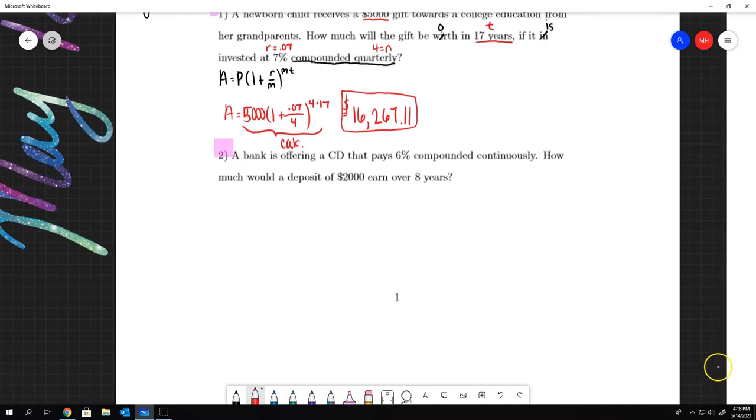Let's try number 2. 2 says a bank is offering a CD that pays 6% compounded continuously. How much would a deposit of $2,000 earn over 8 years? So that keyword continuously means this is A equals P e to the r t.